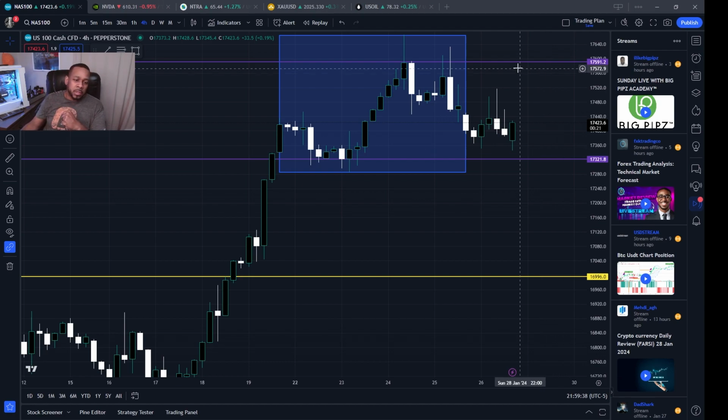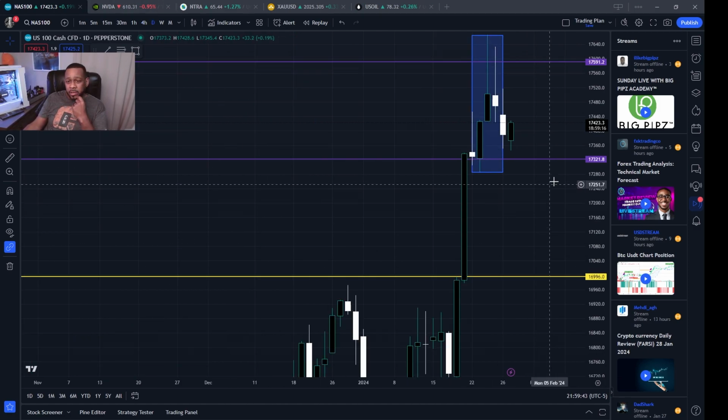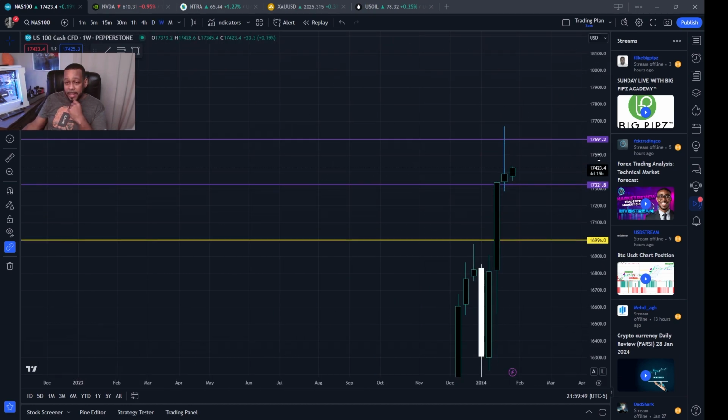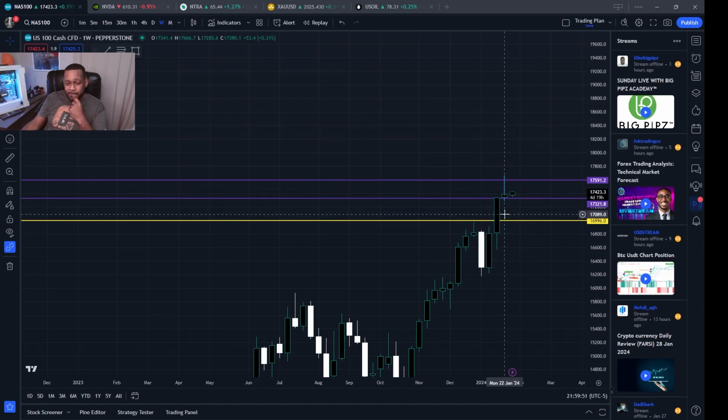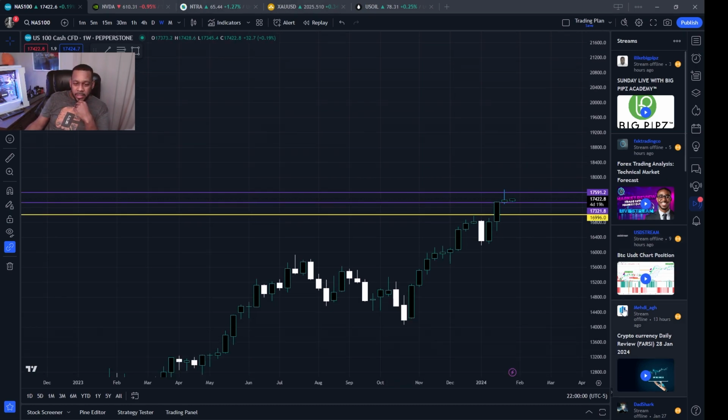Right now, these two imbalances, especially on the daily, then we've got a weekly imbalance, it's one large imbalance right here. It just kind of shows support that price is probably going to need to come back into that area.